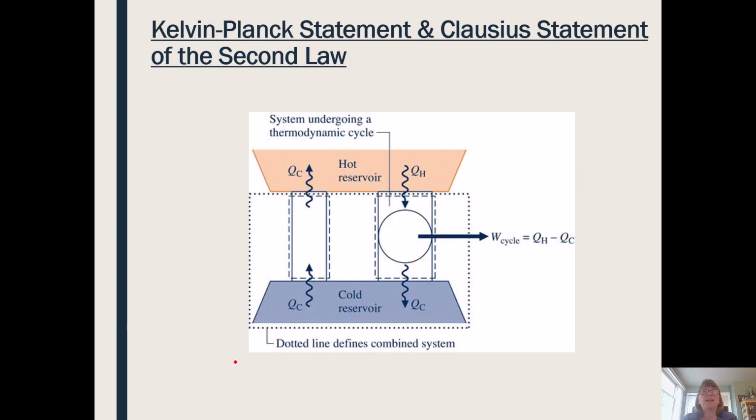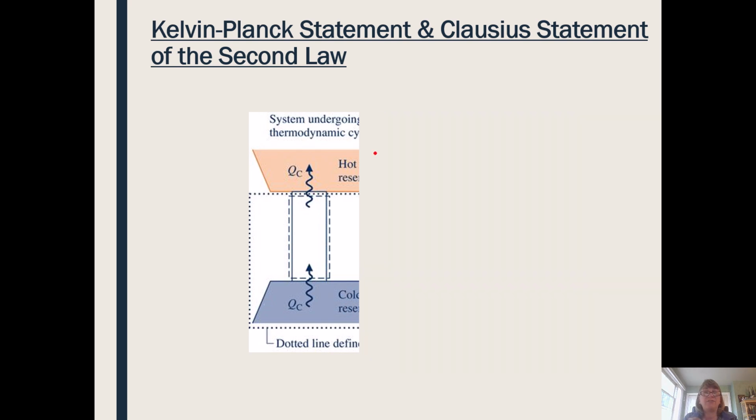But let's look at our Kelvin-Planck statement and our Clausius statement. If we violate one, we violate the other. So let's consider this combination, where we have a hot thermal reservoir and a cold reservoir. If we only look at the left half, we see that we violate the Clausius statement because we're taking heat from a cold source to a hot source.